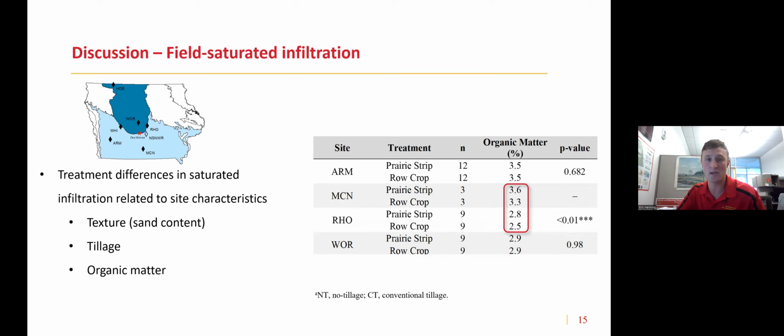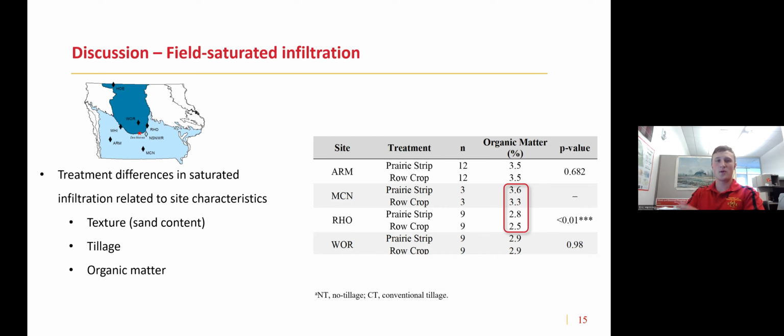And by the time we tested, there was actually significantly greater organic matter within the prairie strip than the row crop. On the other hand, at the McNay site, it already had relatively higher organic matter percentages within those soils.